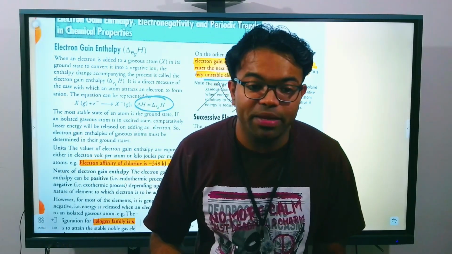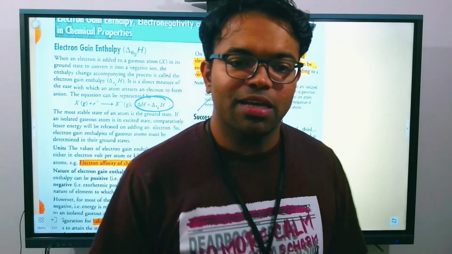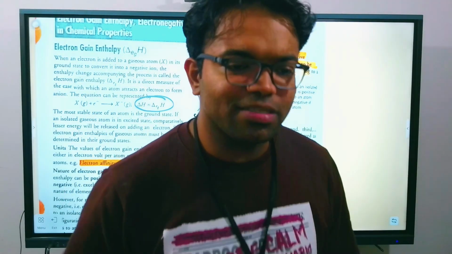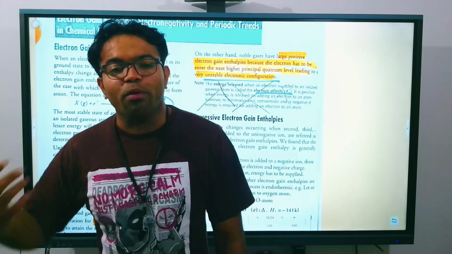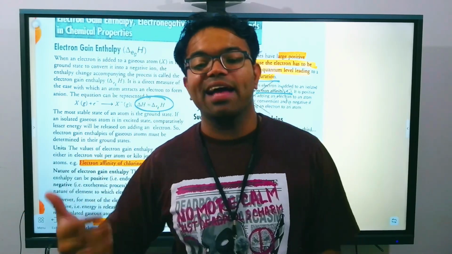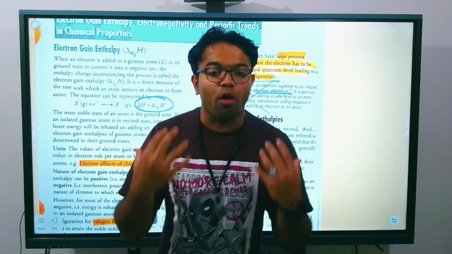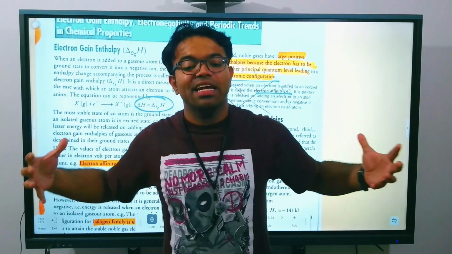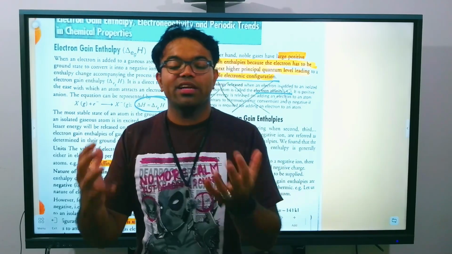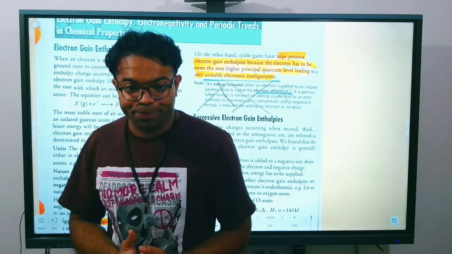You know what affinity means? Attractiveness. So electron affinity being positive means that it is much more comfortable to bring the electron closer to itself. Understood? Positive affinity means it likes that the electron is getting added into its family.